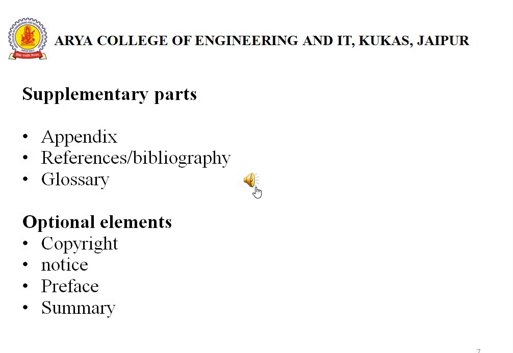The supplementary part includes appendix, references or bibliography, and glossary. Then we have optional elements. Among the optional elements are the copyright form, then notice, if any, preface, and summary.